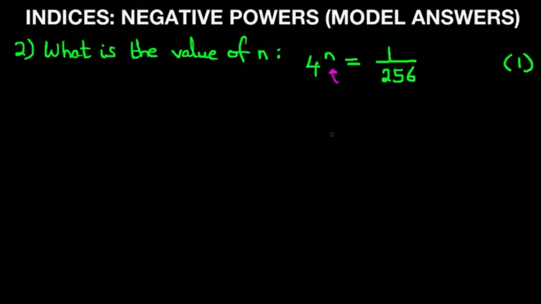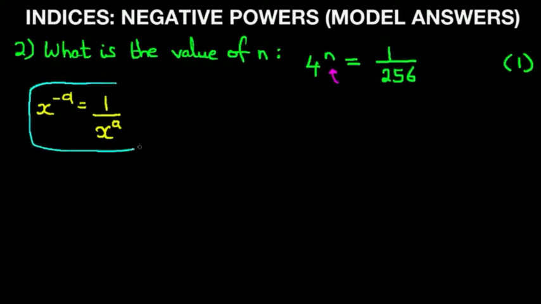Now again, I'm going to write the rule for negative powers, and it's good practice to write this down. x to the power of minus a equals 1 over x to the power of a. Let me just put a circle around this. And the one thing I forgot to mention from the outset is that, again, please note the number of marks. This is typically a 1-mark question, but we are going to show all the workings out.